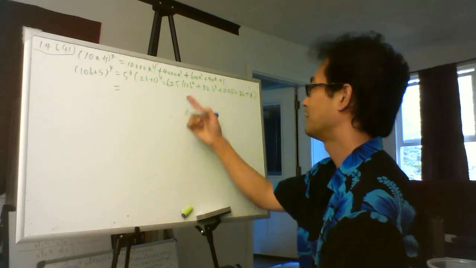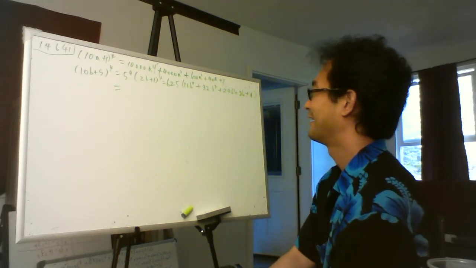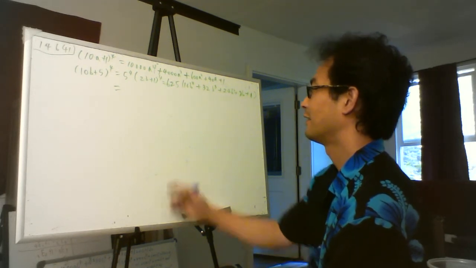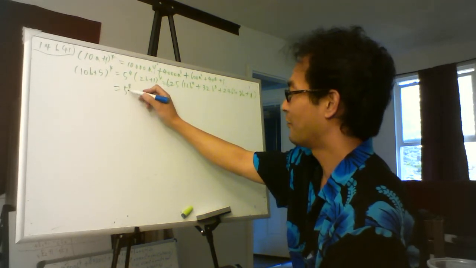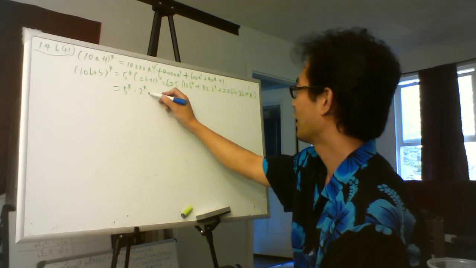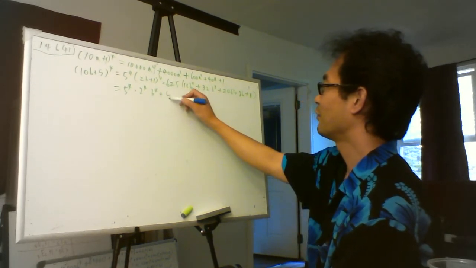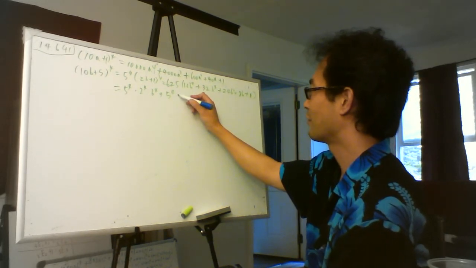I'm not going to multiply this out, so no. 5 to the fifth. 5 to the fourth times 2 to the fourth times b to the fourth, plus 5 to the fourth. My goodness, what did I do? All this for nothing.